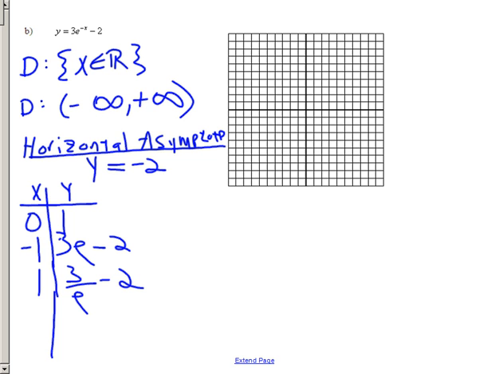And you could plug in a few more points, but you can figure out what their decimal values are, typing them into your calculator if you want to. But the whole idea is that you can dot in where y equals -2 right here.